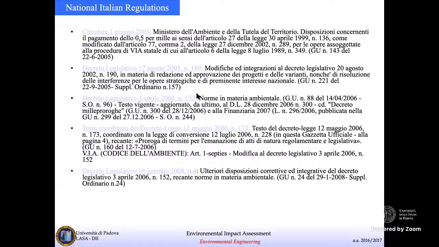But it is, let's say, the law which collects all these legislative efforts that were carried out in the 90s.